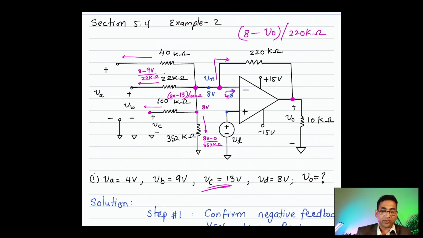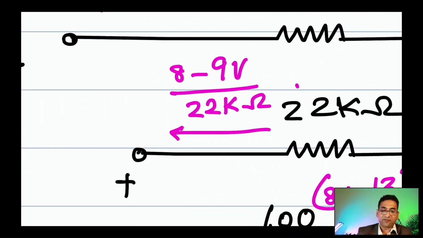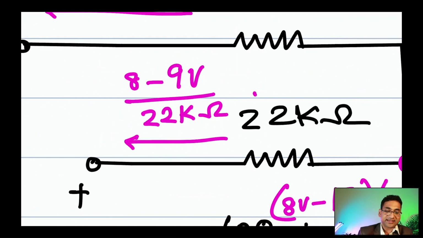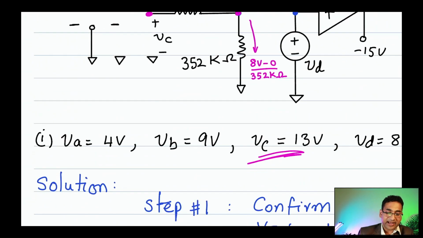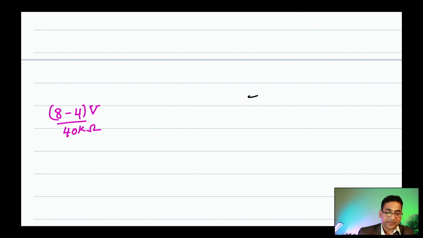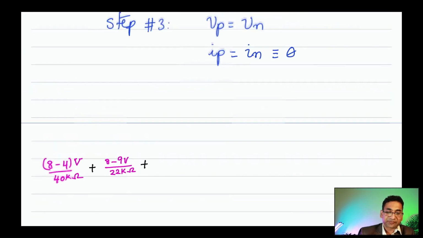Now, let's look at the current flowing in the 22 kilo ohm resistance. That's 8 minus 9 divided by 22 kilo ohms. I'm going to cut that and paste it over here. Okay, so that's the current flowing in the second branch. Plus, let's see what else we got.